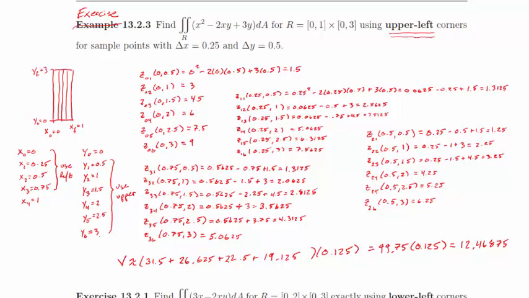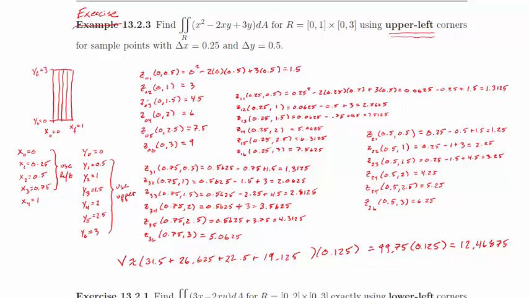Since we're using the upper left corners, we want to use the upper y values from y1 to y6, starting at y1 equals 0.5. All right, so my first z value is z sub 0.1 of 0, 0.5. That's going to equal 1.5 after we do our arithmetic, plugging in the 0 for x and the 0.5 for y into x squared minus 2xy plus 3y.